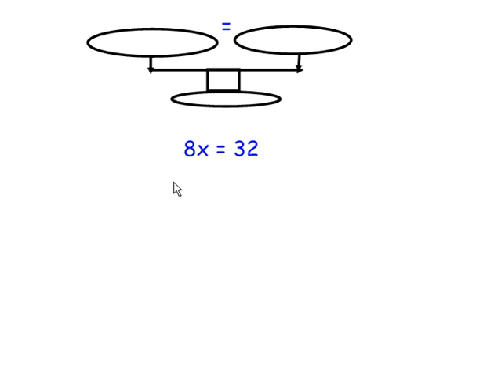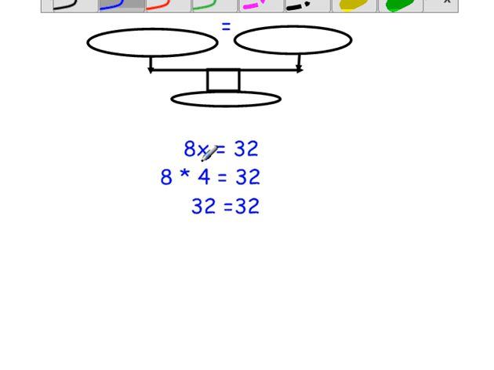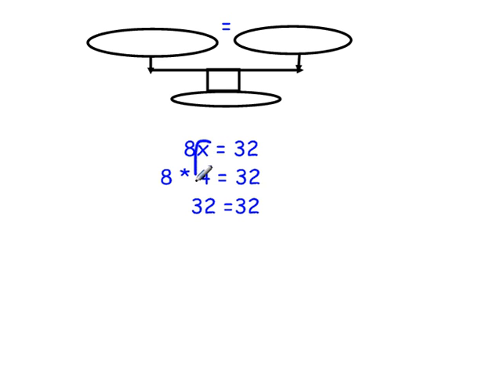Say 5. 8 times 5 is 40. We've got to go lower than that. 8 times 4 is 32. And we end up with 32 is equal to 32. So this is true. So our solution is x must be equal to 4.